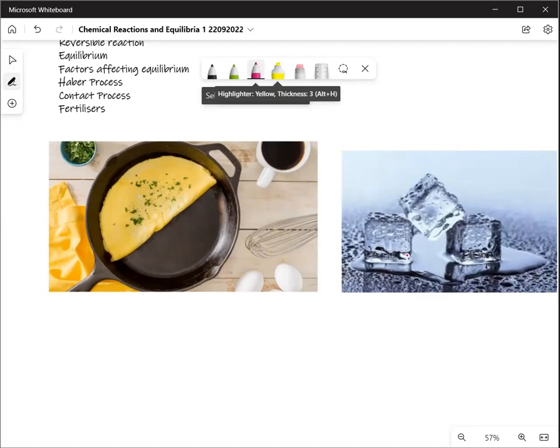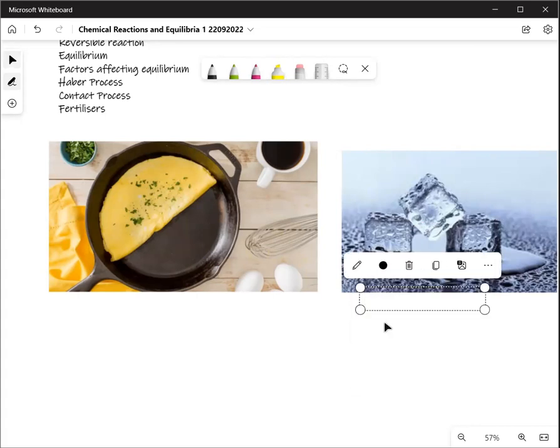No. But if you melt ice, can you freeze it again?